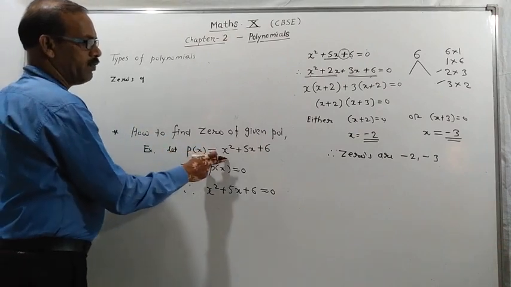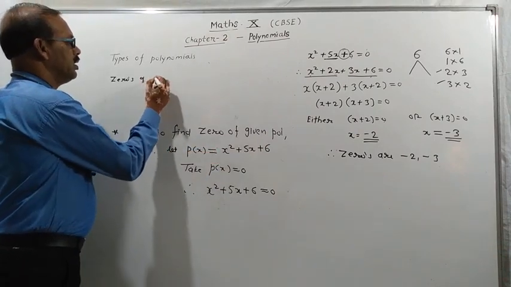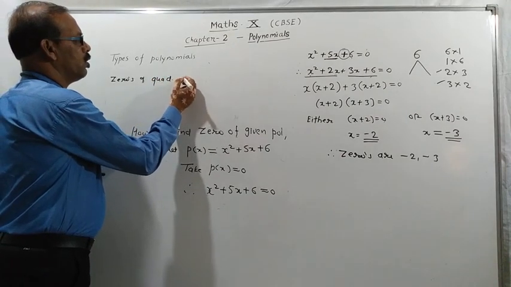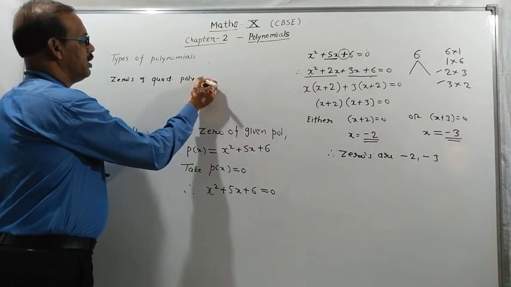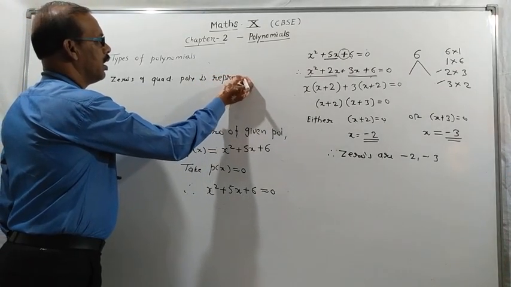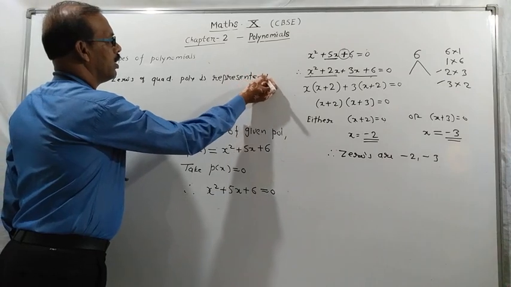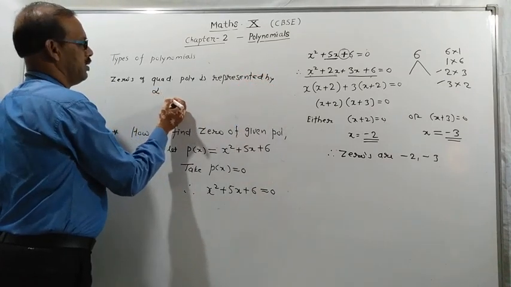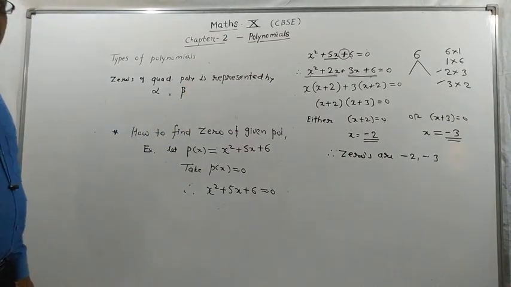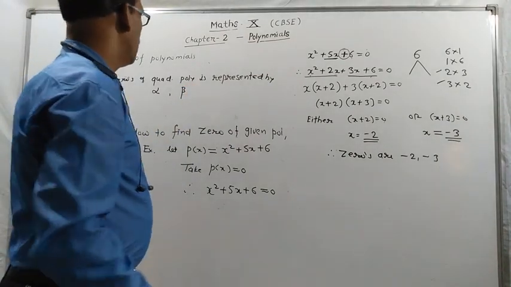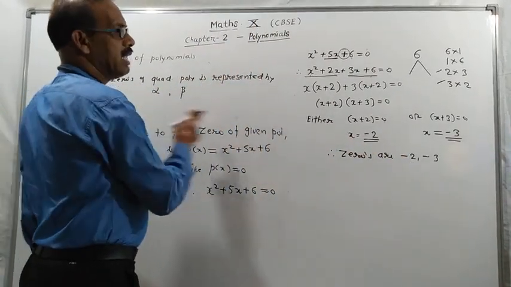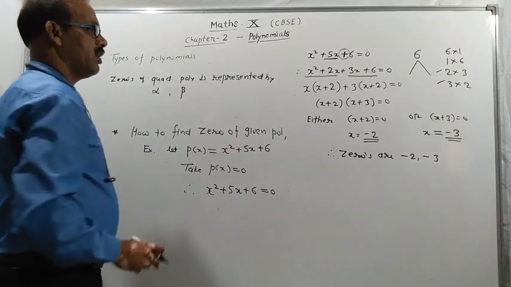Suppose it is a quadratic polynomial; the zeros of a quadratic polynomial are represented by alpha and beta. This means the first zero is represented by alpha and the second zero by beta.